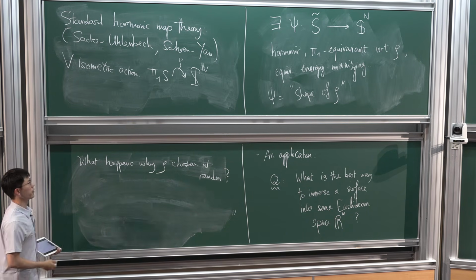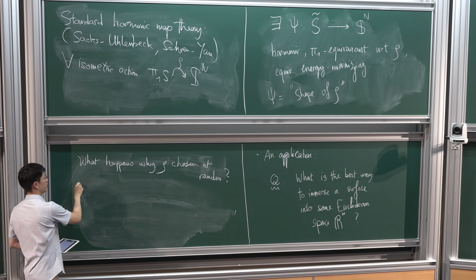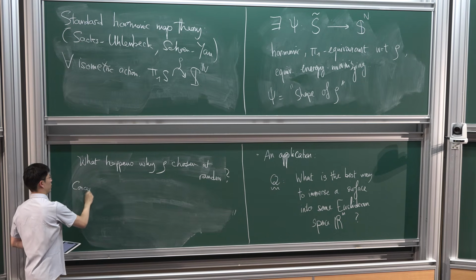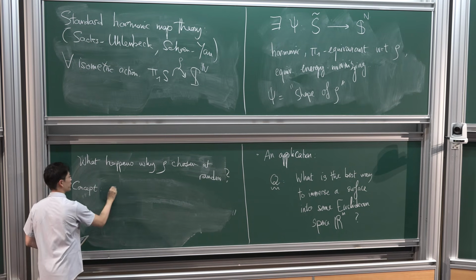So what happens when the isometric action is chosen at random? Here, I want to talk about the concept coming from random matrix theory and free probability called strong convergence.